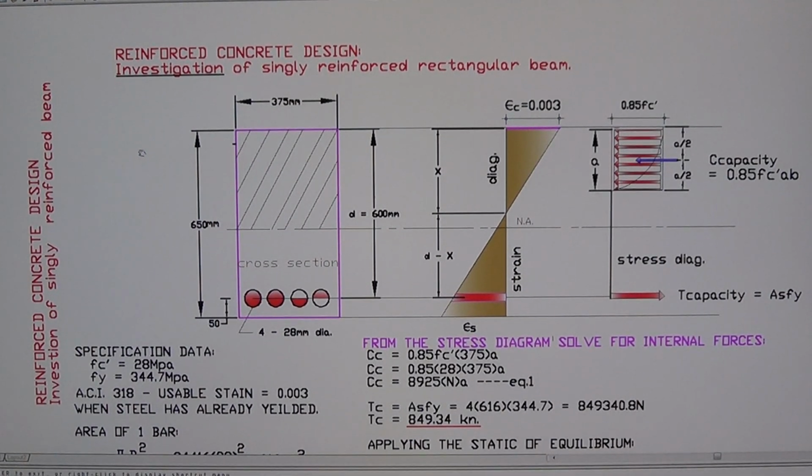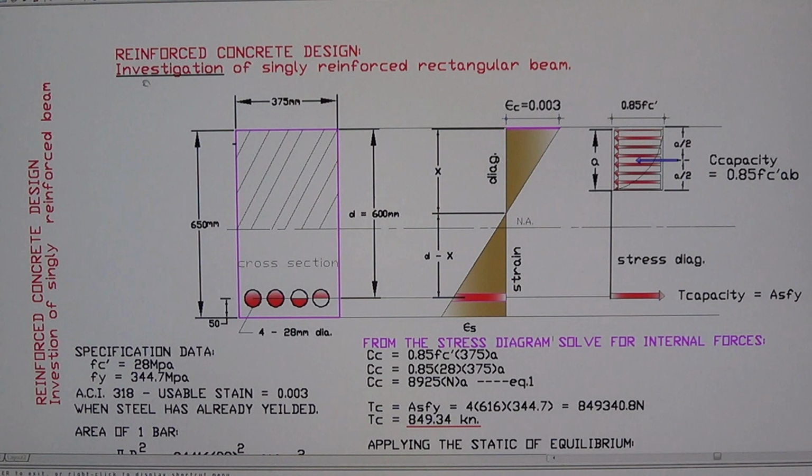Hello everybody, welcome to reinforced concrete design. Under reinforced concrete design, we will look at the investigation of a singly reinforced rectangular beam. In the traditional design of the beam, you have the moment and use that moment to calculate the dimensions of the beam and the sizes of the reinforcement bars.